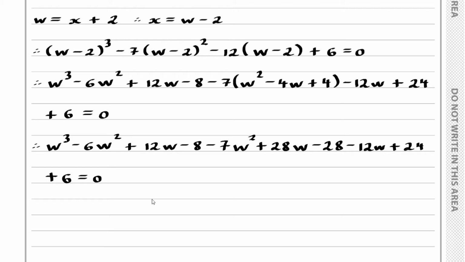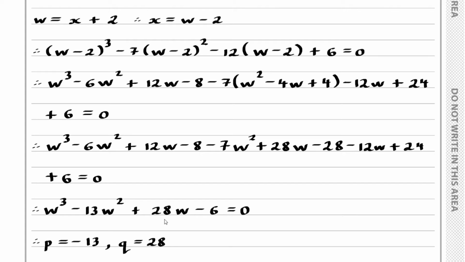And if we collect like terms and simplify, you will find w cubed subtract 13w squared plus 28w subtract 6 equals 0. This cubic has roots alpha plus 2, beta plus 2 and gamma plus 2, and what we can see then, the value of p is negative 13, the value of q is 28, the value of r is negative 6.